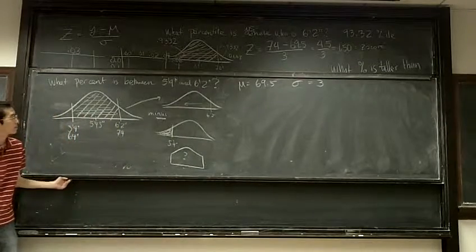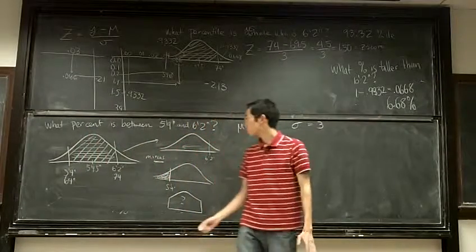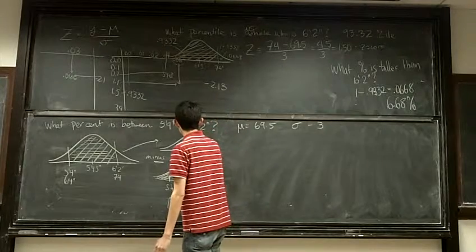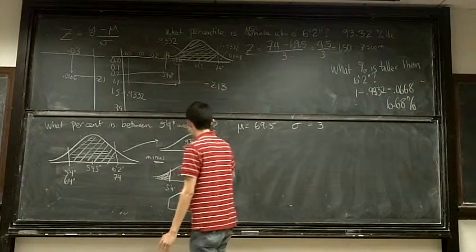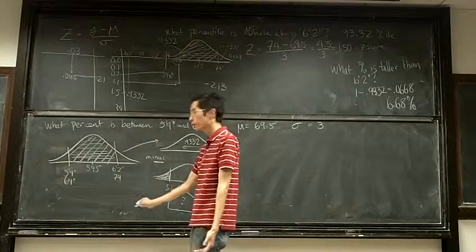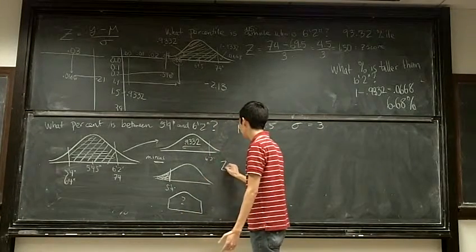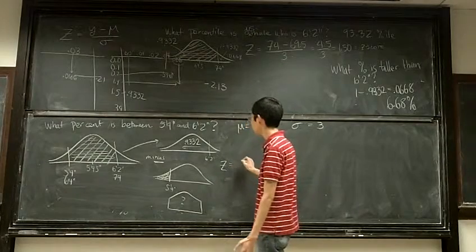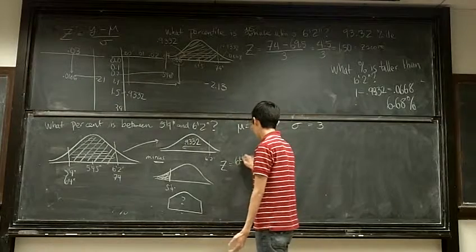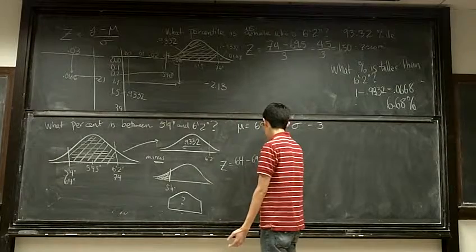I purposely picked 6'2" because we just did it in the previous problem. Here we know the area to the left is 0.9332. Now we just have to find the area to the left of 5'4". Again, we first find our z-score: z is equal to (64 minus 69.5) divided by 3, since 5'4" is 64 inches.